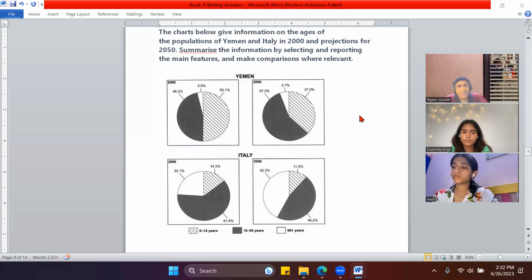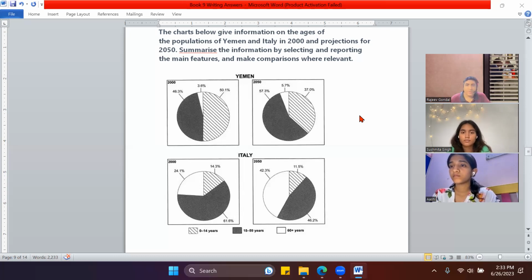And as you rightly said, then you will talk about Italy. While talking about Italy, you can draw similarities and dissimilarities. So unlike Yemen, Italy had the largest population of people over the age of 15 to 59, and the other two groups were 24% and 40% respectively.